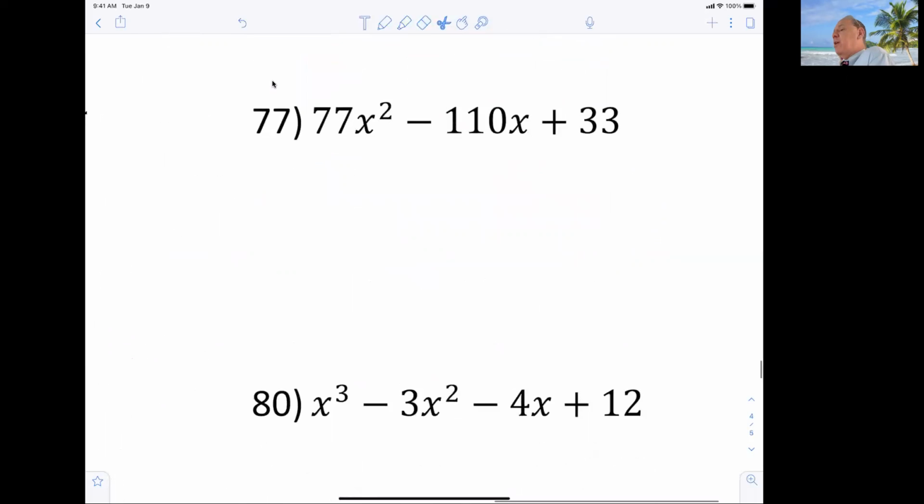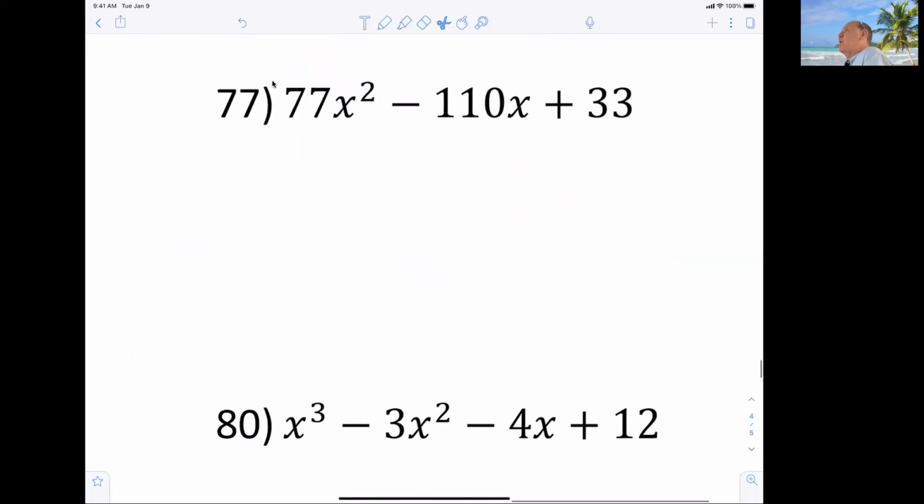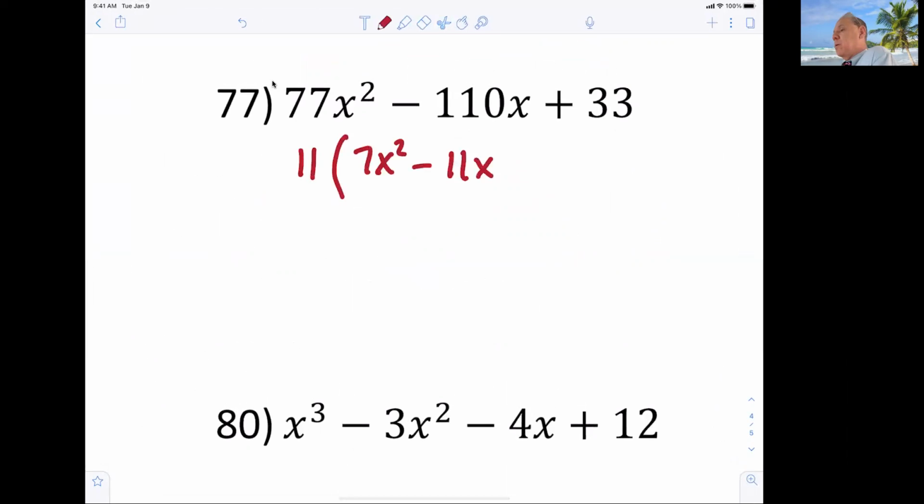Okay, number 11. Number 77 has a common what? 11. Yeah, common 11. So you're left with and then plus what?